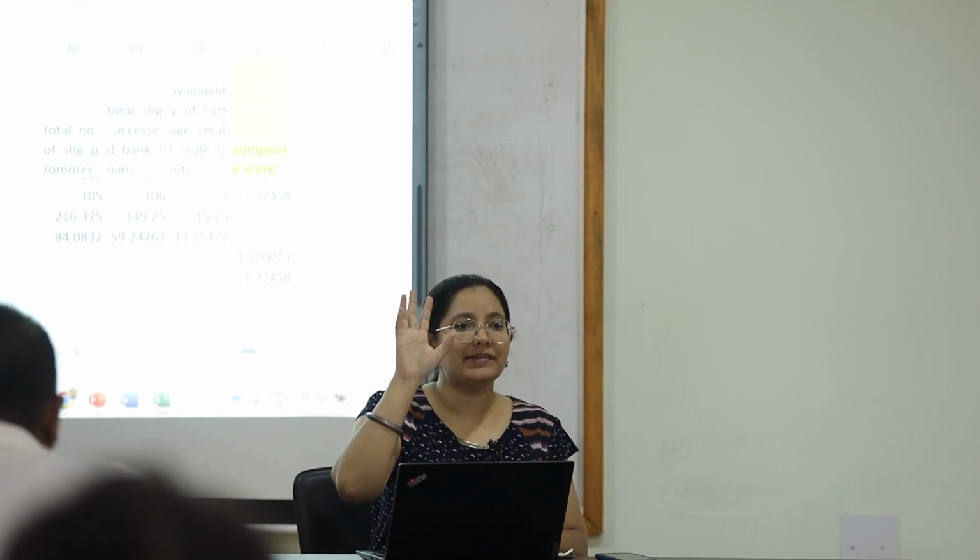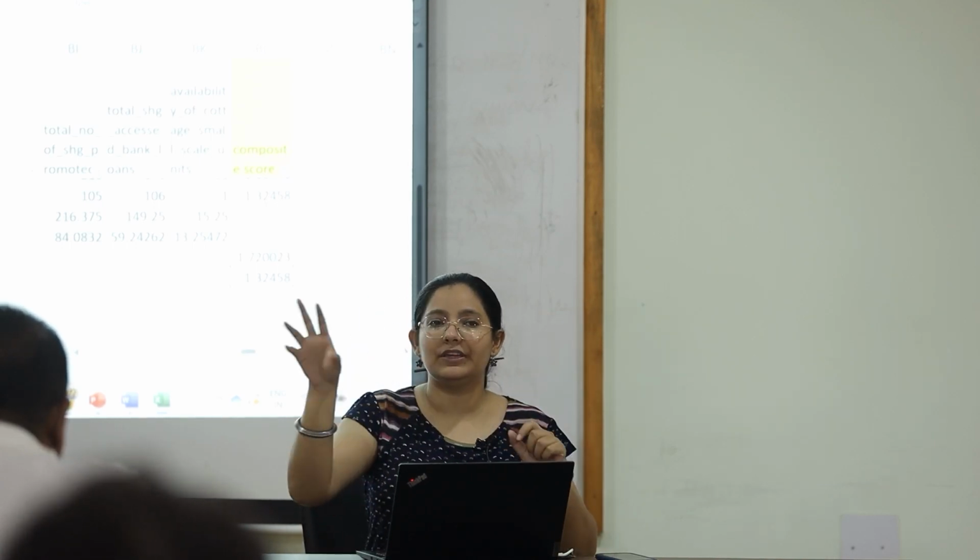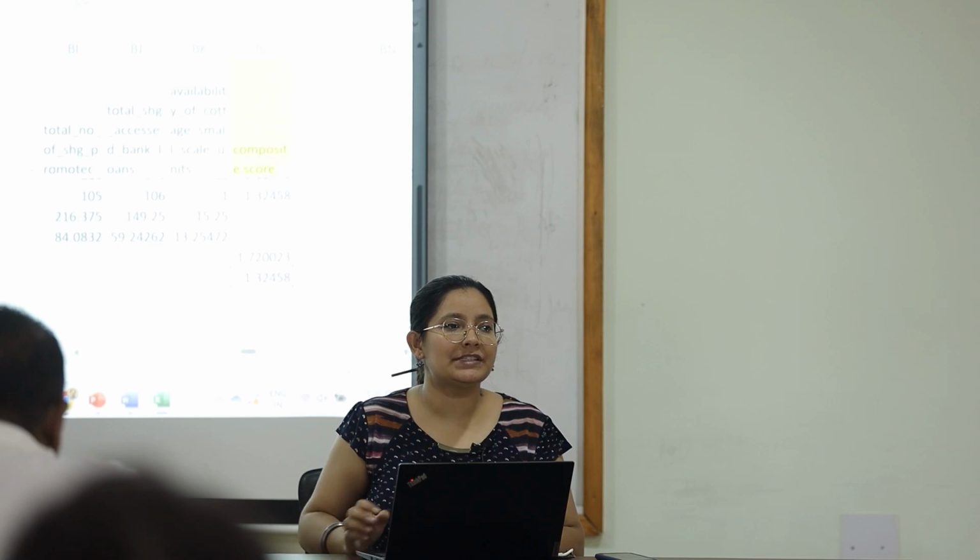Equal to bracket observation minus minimum, select minimum, press F4. Some of you might have to press the function key with F4 or the shift key with F4, depends on your system. If you're not able to do F4, just simply type the dollar value. Simply type $ sign. Got it? Dollar, before and after BL.